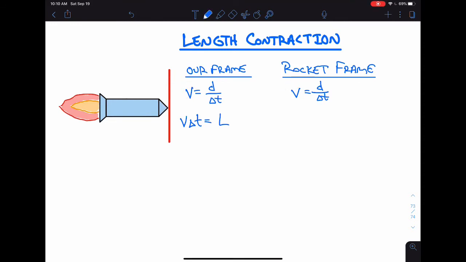And easy to solve, V delta T equals, now the difference here is this is the rest length, because it's going to travel the length of the rocket as viewed by somebody inside the rocket. Somebody inside the rocket will see the length of the rocket be the rest length. So these delta T's, hopefully it's pretty clear, but they are generally not the same.